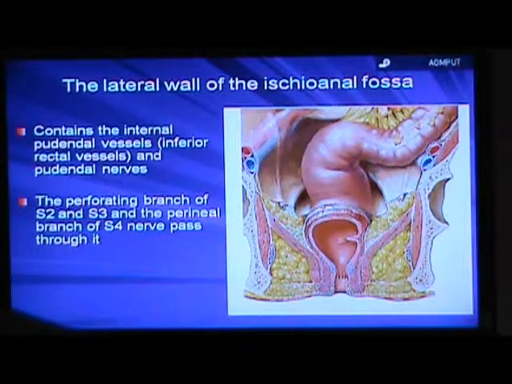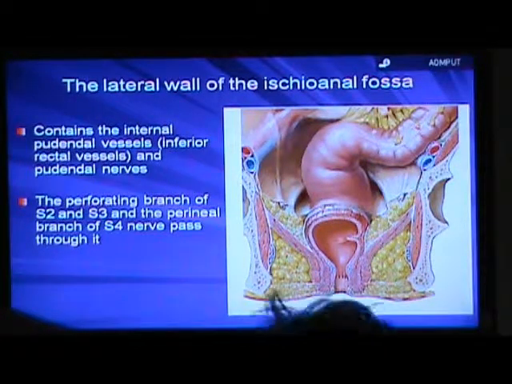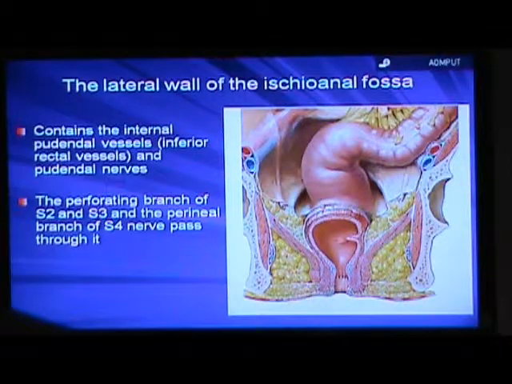The perforating branch of S2 and S3 and the perineal branch of the S4 nerve pass through this lateral wall.